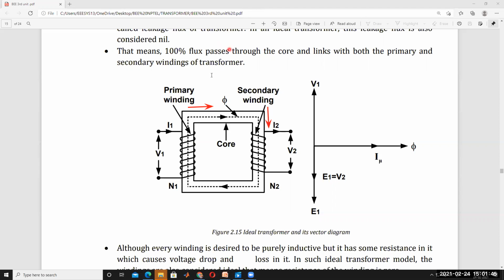That's why the current I1 does not increase. Even if you connect the load, I1 does not increase, because there is no transformer action.